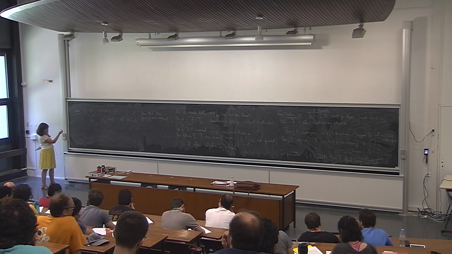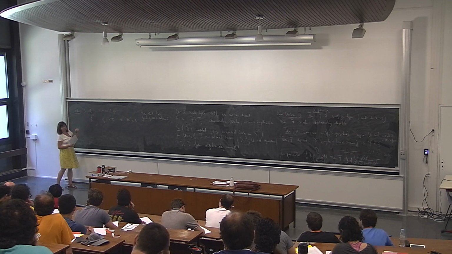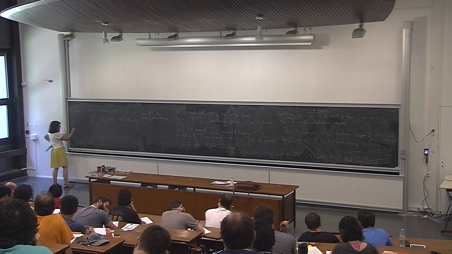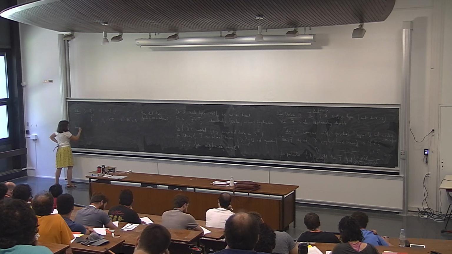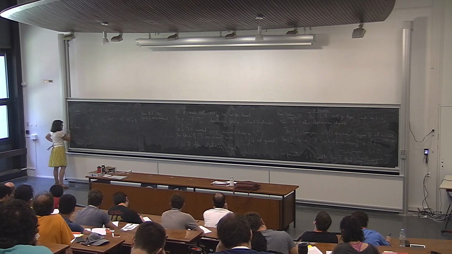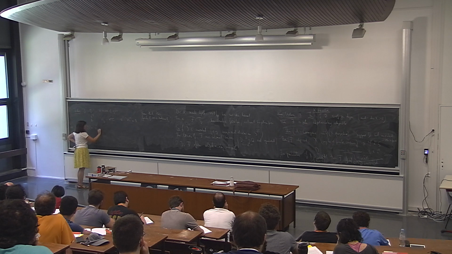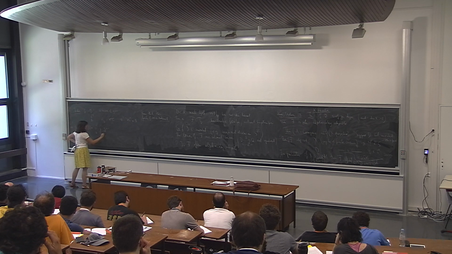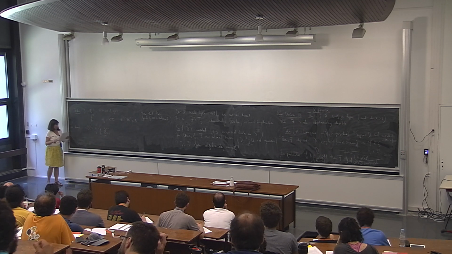When you know it's isotrivial, then of course you know a lot about this D. Well, I mean it's a product after a finite covering. So you know, for instance, that the Kodaira dimension of D is 0 if g is 1, and 1 if g is strictly greater than 1.